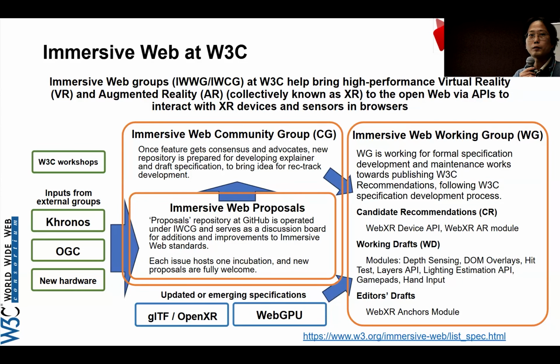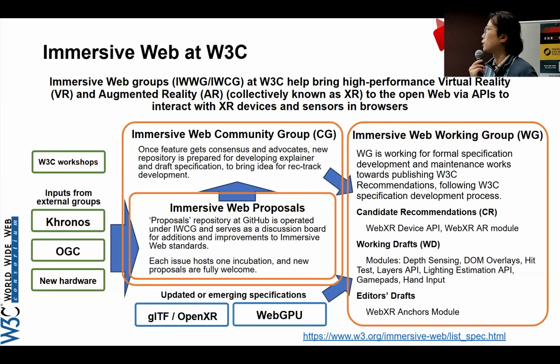So everyone can present proposals or any new ideas there. Several new ideas also come from Khronos or many other organizations, including OGC, which is working on spatial computing and data, bringing spatial communication like metaverse-related ones into the immersive web area.